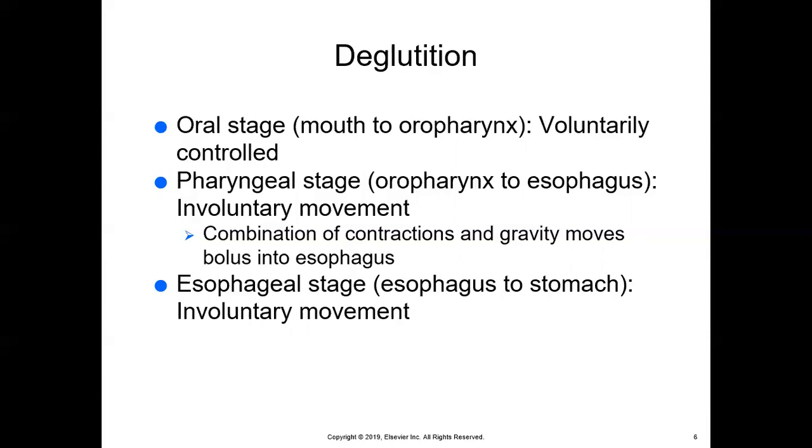So it's a combination of contractions and gravity that moves a bolus into the esophagus. The bolus is the food that has been chewed and formed into a ball, and when it's swallowed, it's considered a bolus. Then you have the esophageal stage that goes from the esophagus to the stomach. It's completely involuntary.